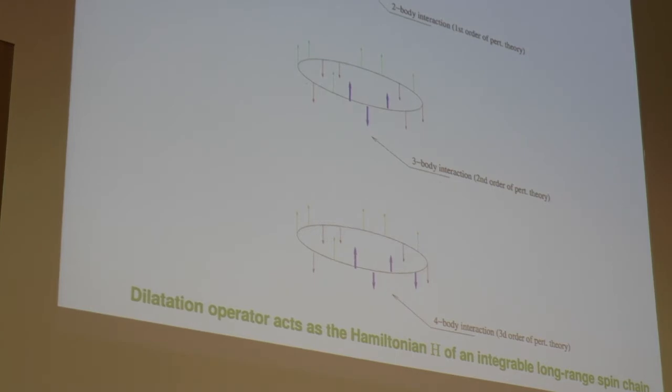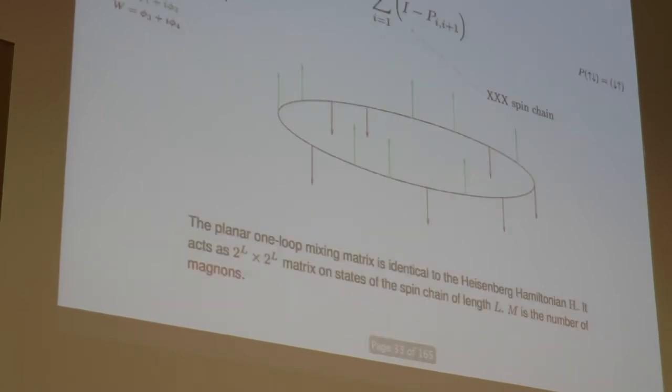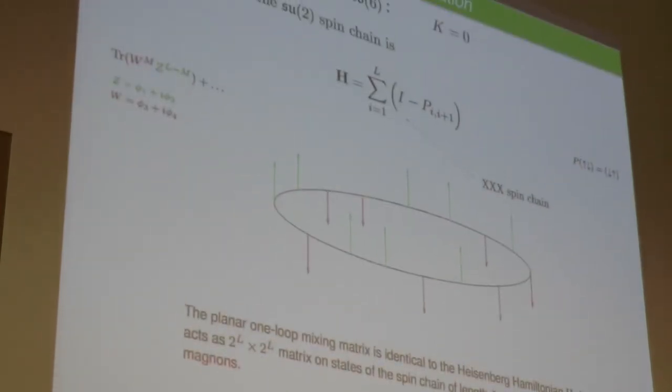And at this point, the form of the Hamiltonian becomes non-universal. The form does not depend on the length anymore just through the summation bound. You see here that the dependence on how many fields, the length of this spin chain, is rendered by this summation bound L. But when you go to higher and higher loops, at a certain point, the interaction starts to depend on L, not only through the bound, but it becomes non-universal.